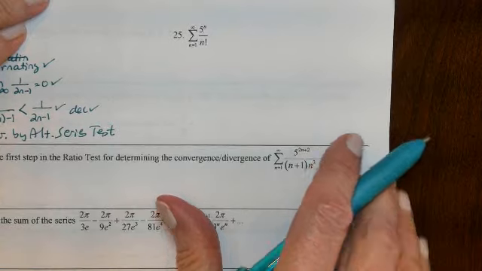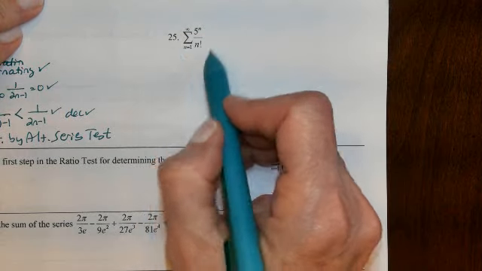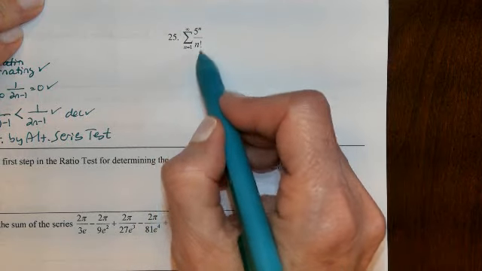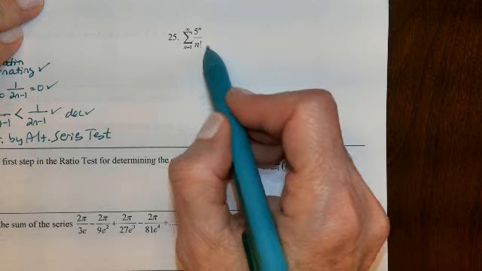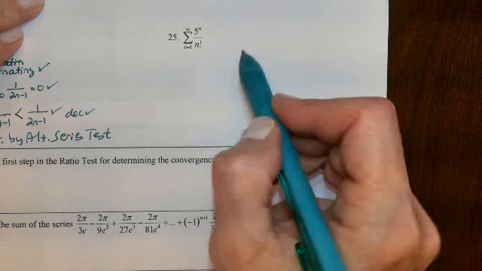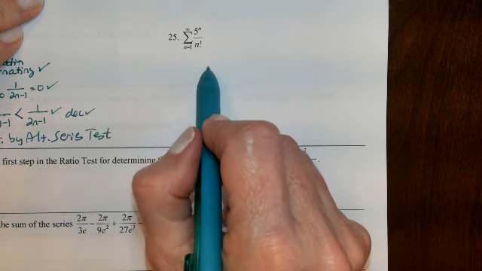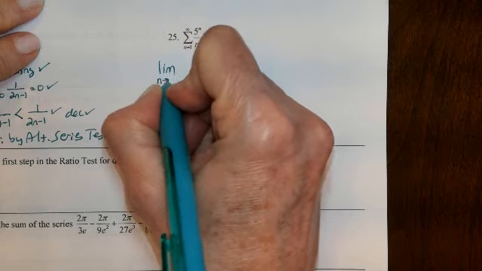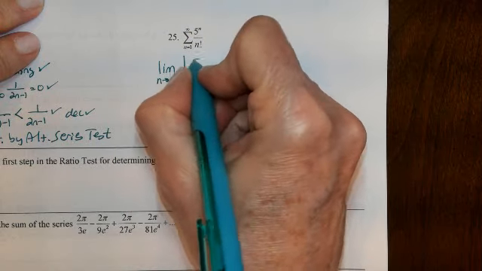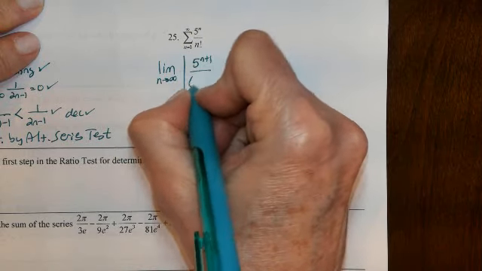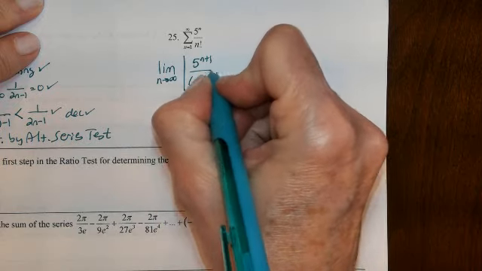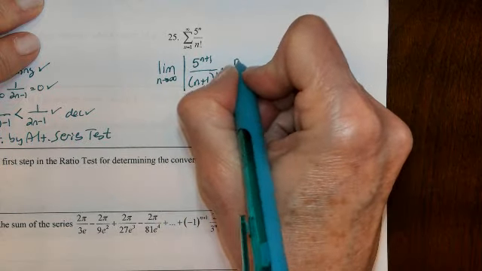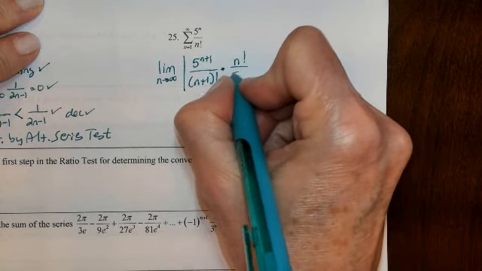Number 25. Well, I know this thing is going to converge. I know it converges because Big Mama's down in the bottom. We can use the ratio test to show that. So I'm going to set up the ratio test. The n plus 1 term divided by the nth term, so I'm going to flip and multiply that nth term.